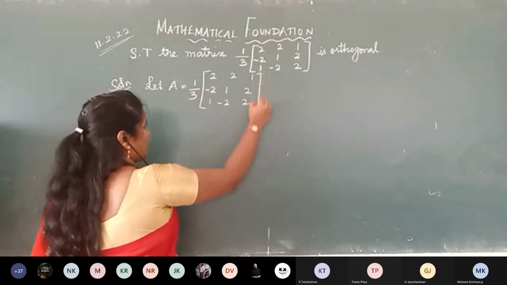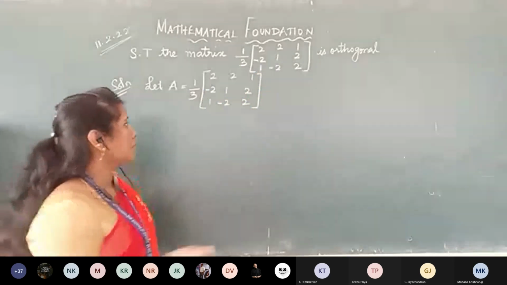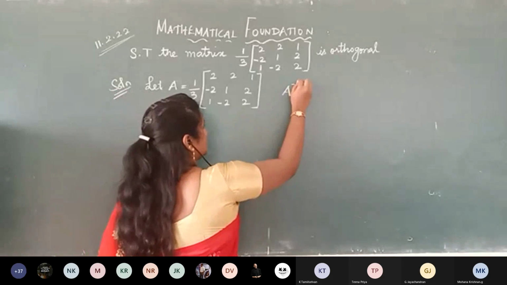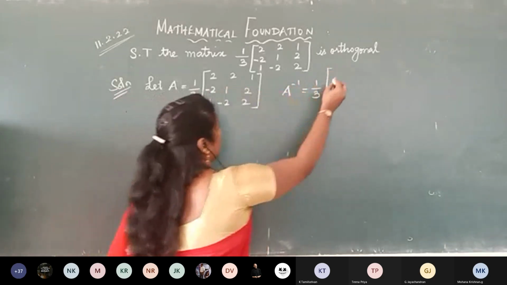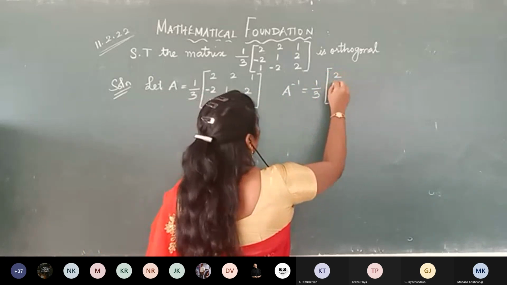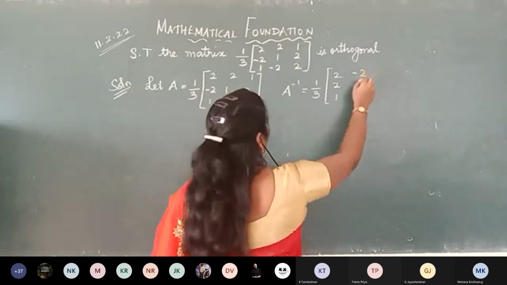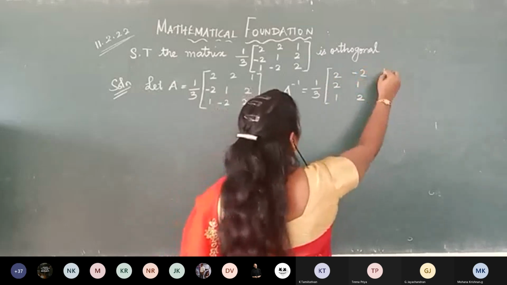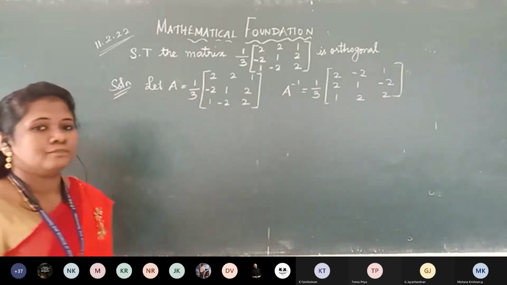And when you're writing the numbers, be very careful. Don't go wrong in writing the numbers. And your A inverse will be, your 1 by 3 will be the same. Here alone it will be 2, 2, 1, minus 2, 1, 2, 1, minus 2, 2.